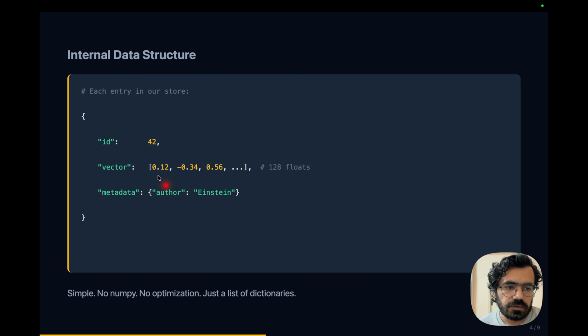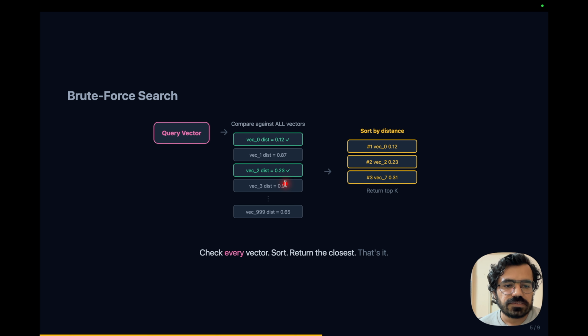We can use this Python dictionary as one record. We will use NumPy in the actual code, but eventually you can store these dictionaries as a list, and that becomes your store operation.